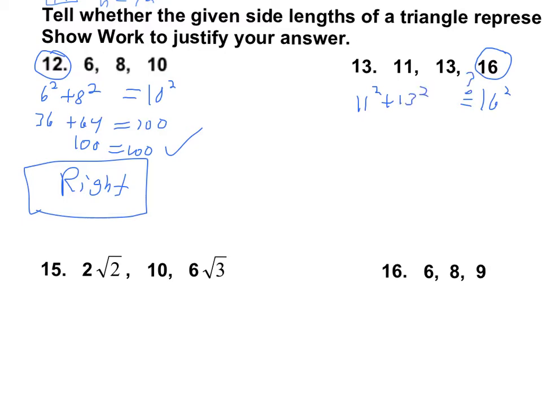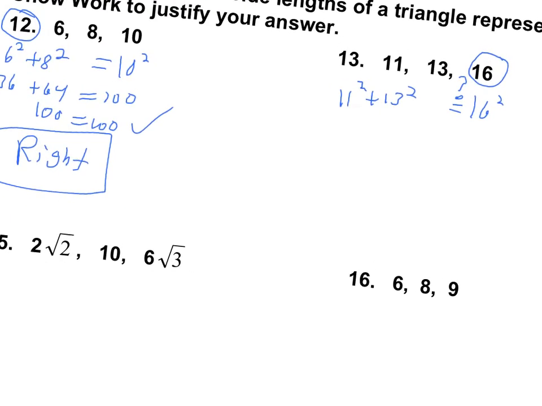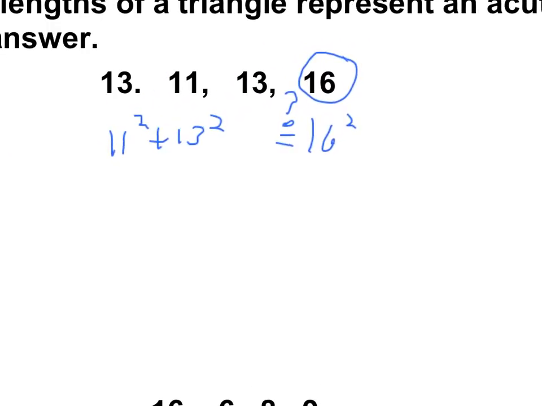Does 11 squared plus 13 squared really equal 16 squared? Well, let's find out. 11 squared is 121, 13 squared is 169, 16 squared is 256. And 121 plus 169 is 290. So no, they're not equal.